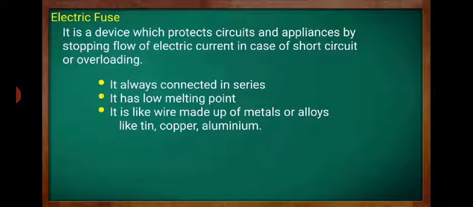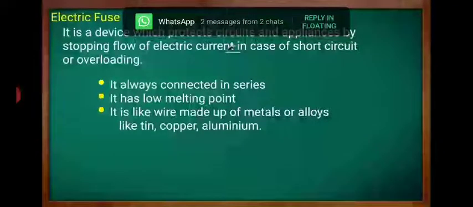Some points: the electric fuse is always connected in series. The second is that it has a low melting point. Due to the very low melting point, it melts at a very low temperature, and due to that we can save our other home appliances.